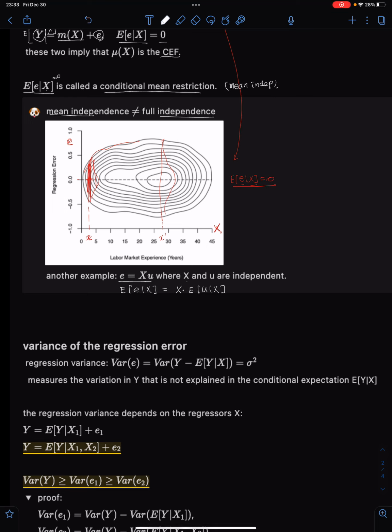And because we have assumed that x and u are independent, this one is just the expectation of u. And because we have assumed so far that the expectation of e is 0, this implies that the expectation of u should be 0, unless the expectation of x is 0. So this part should be 0. In other words, e and x are mean independent.